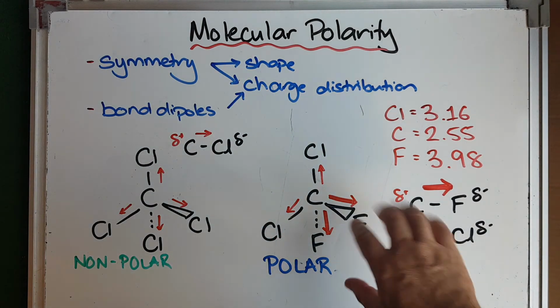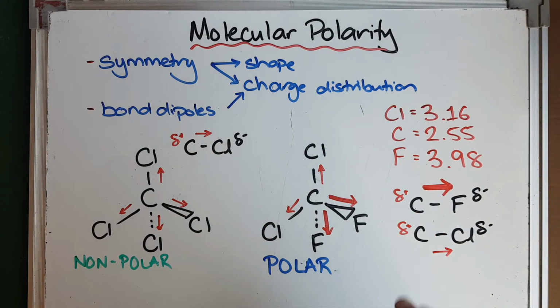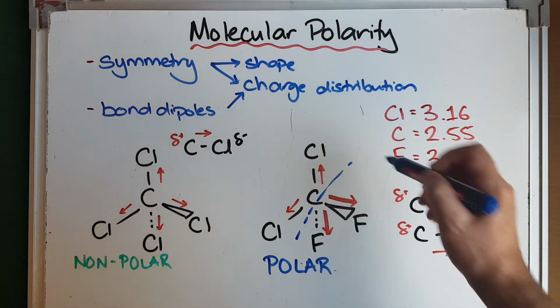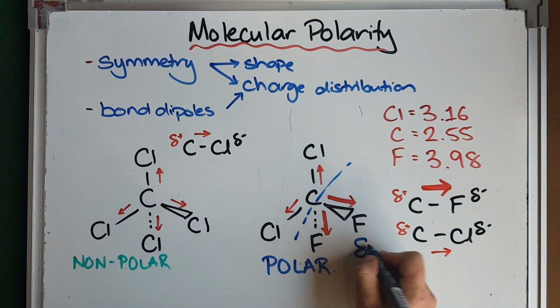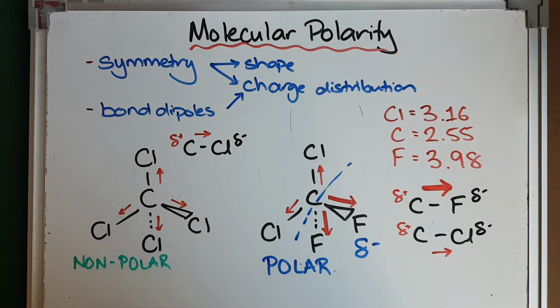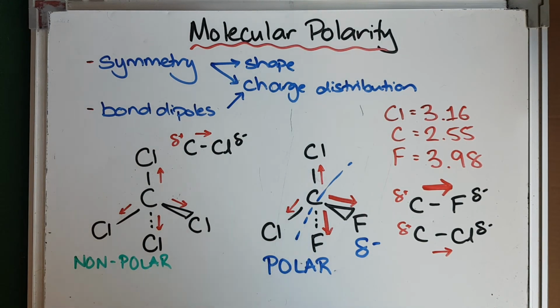Think of it as a tug of war. This side of the molecule wins the tug of war, so it is creating a molecular dipole. So if I was to put a dotted line through here, this side of the molecule would be negative because it's got the stronger dipoles. The CF dipoles have got more effect.